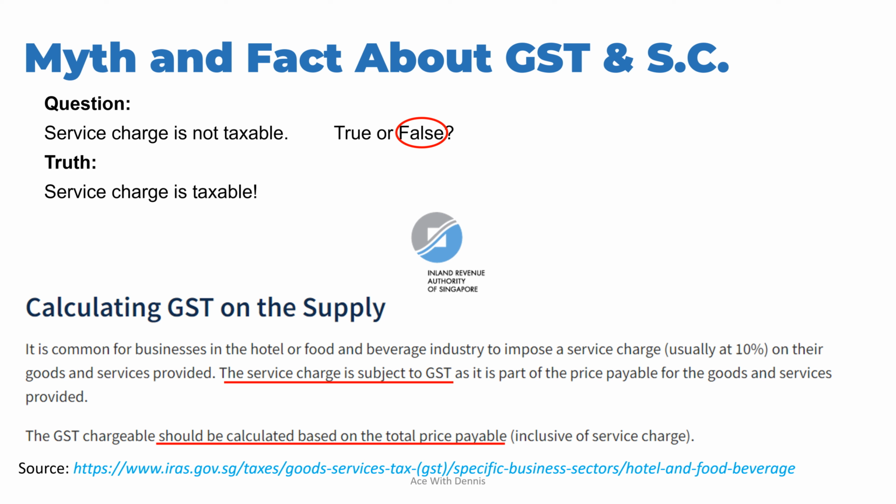The GST chargeable should be calculated based on the total price payable, inclusive of service charge. So, as you can see from the name, goods and services tax, the services that we pay for must be taxed as well.